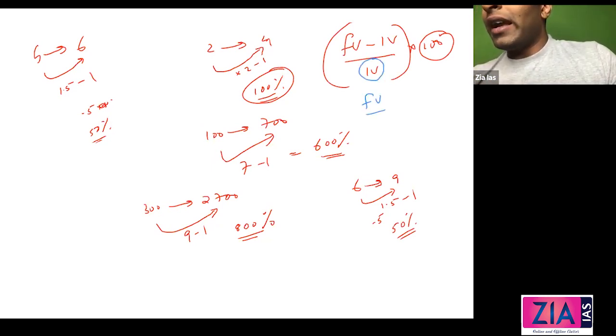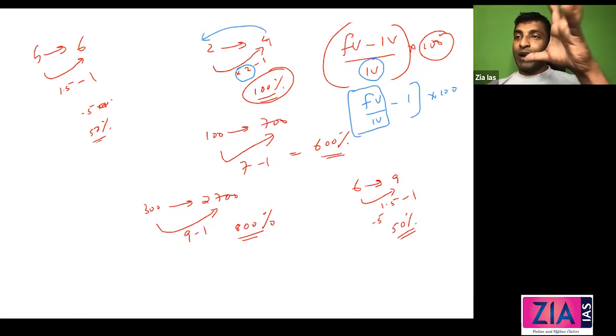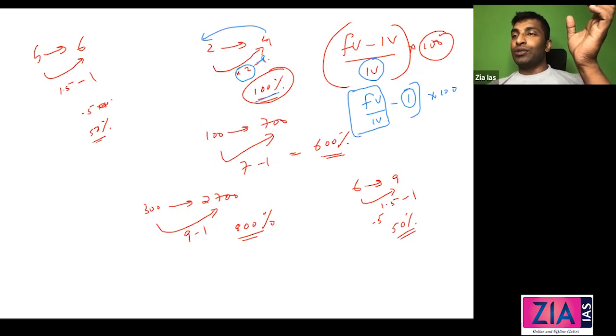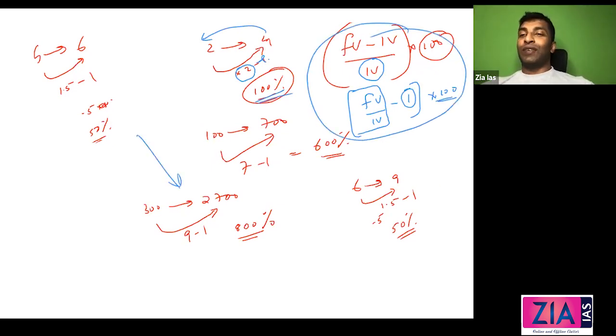Final value divided by initial value minus initial value by initial value. That is what 1, right? Into 100. This is the formula that you have. So when I use this word factor of multiplication, this 2, what is that? Final 4 divided by 2. That is what factor of multiplication is. Minus 1. This minus 1. Add 2 zeros. This one. So effectively you are using the formula, but I just used to do it in this way, things will be easy for me. So that is why I've told you, take it in that way, things will be easy for you.